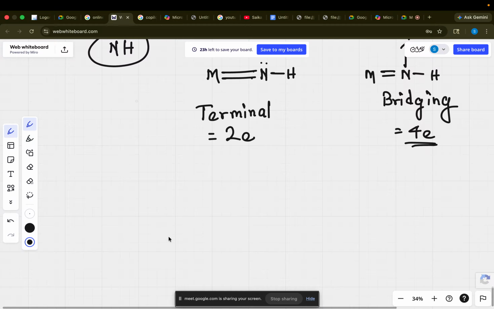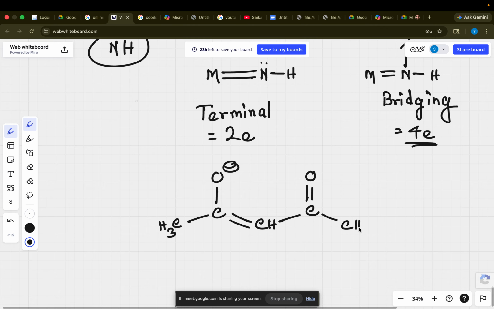And another ligand is there. These are basically organic molecules. This compound. What is the name of this compound? Any one of you?